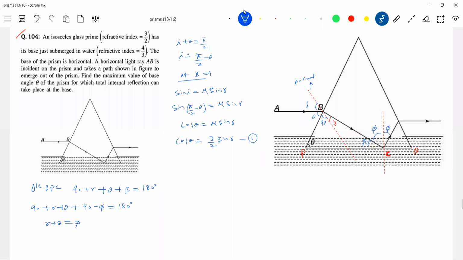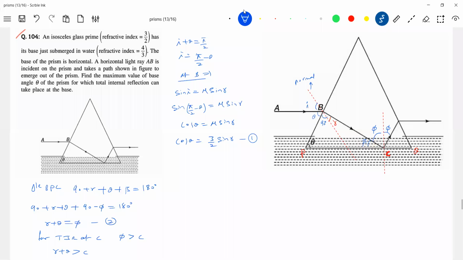And this is very important. For TIR at C, what happened? Phi should be greater than the critical angle, for TIR at C, this angle of incidence. So what is phi? Phi equal to r plus theta. I'll introduce it like this.